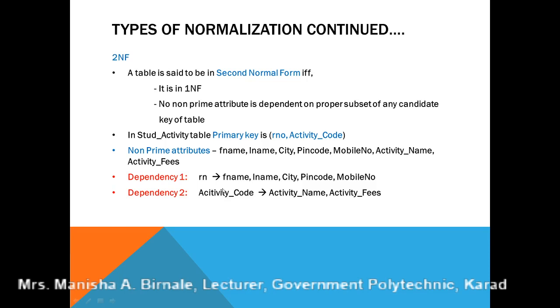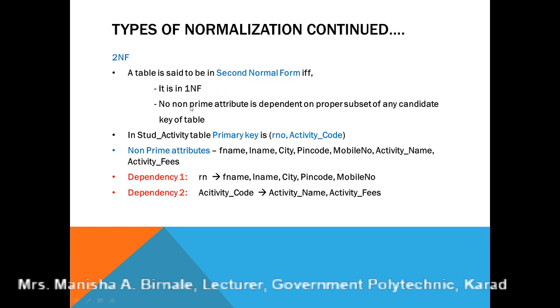Now here you can see roll number is a part of the primary key. Primary key is also called a candidate key. So roll number is a proper subset of the primary key or candidate key. Activity code is also a proper subset of this candidate key. And on roll number and activity code, other non-prime attributes are dependent.